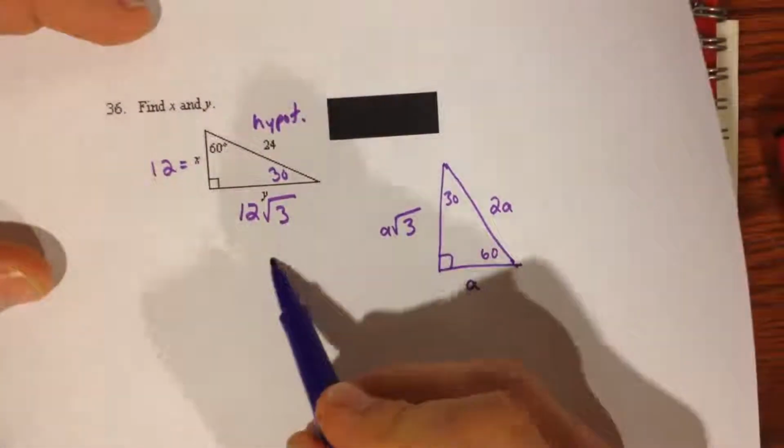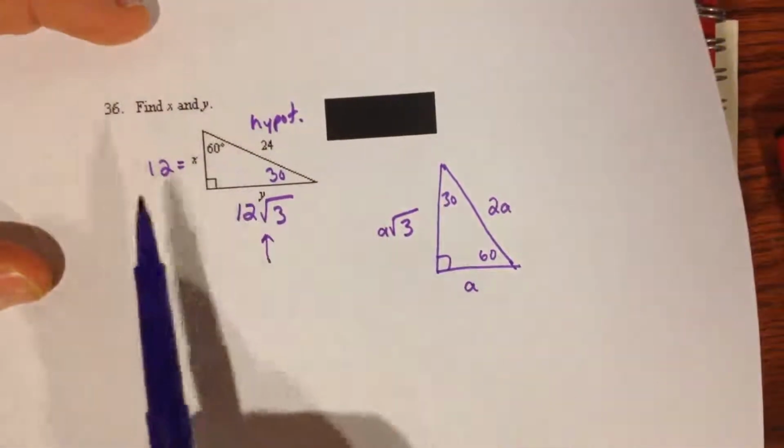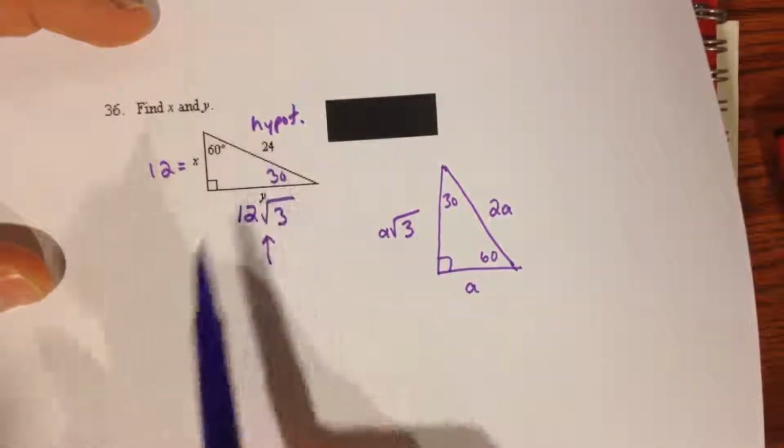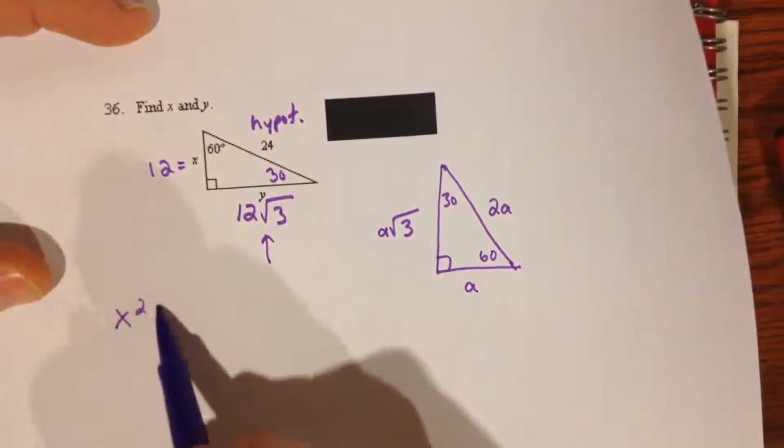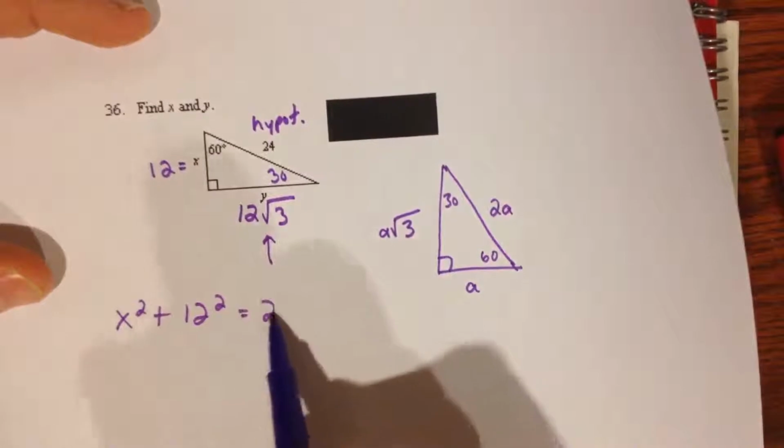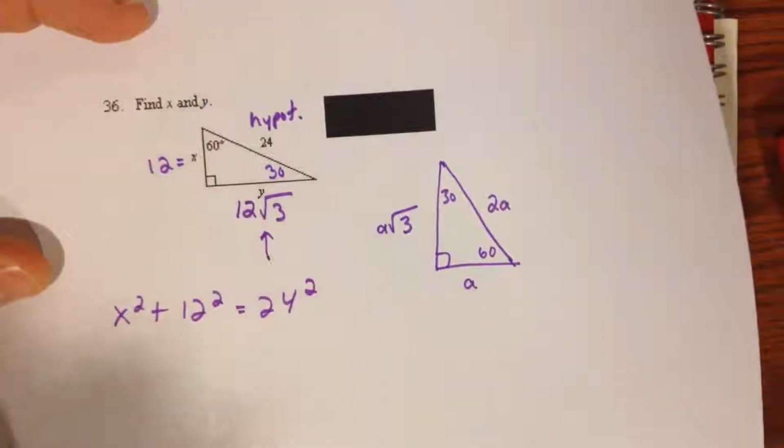Okay, there's another way you could get this 12 radical 3. Once you have 12 and 24, you could do x squared plus 12 squared equals 24 squared. And you could basically just solve for x from there.